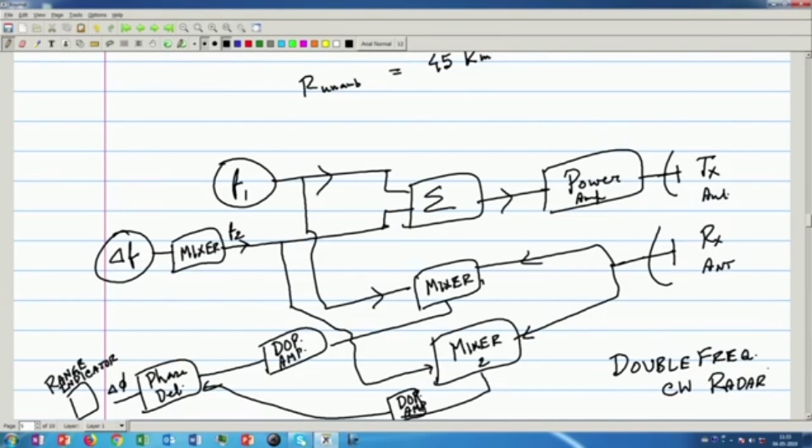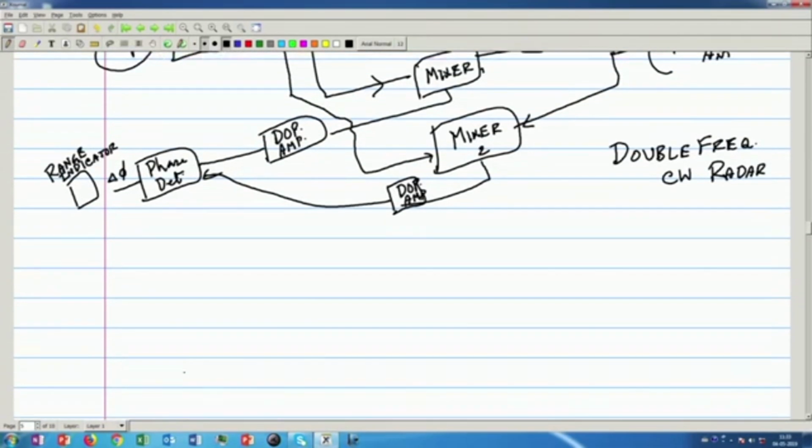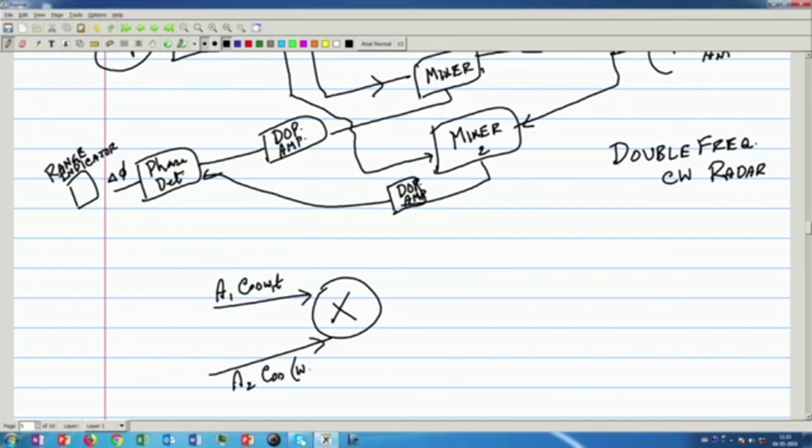I think all of you know the phase detector from phase modulation, many times you have done. Basically, what is a phase detector? An analog multiplier circuit. So, you have a multiplier, you give A1 cos omega 1 t, and you give A2 cos (omega 2 t plus delta phi).